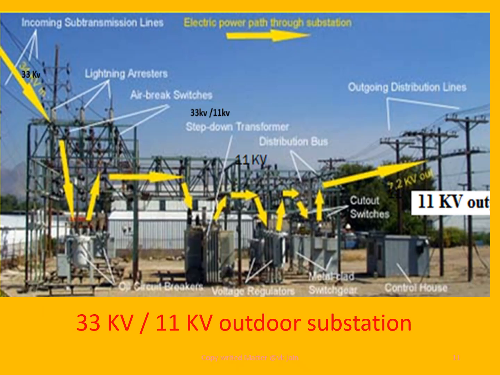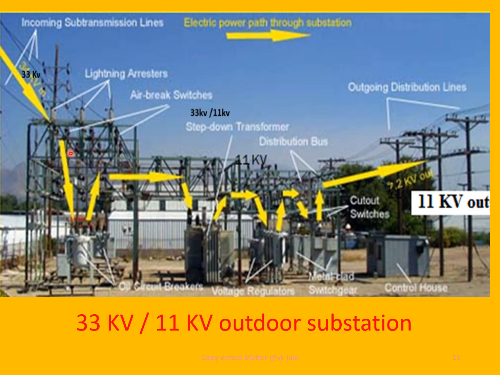Friends, this is the isometric view of the same substation which I described in the previous slide, and it is a layout of a 33 by 11 kV outdoor substation. This is the outdoor portion, and from here it is going to this.